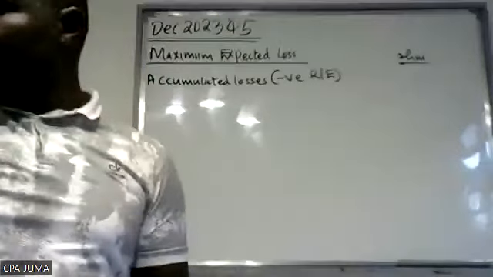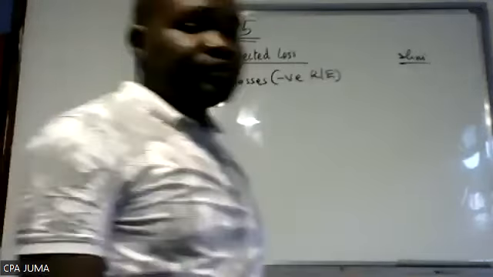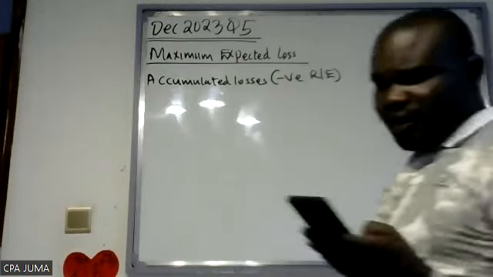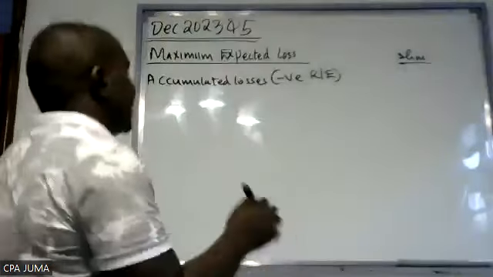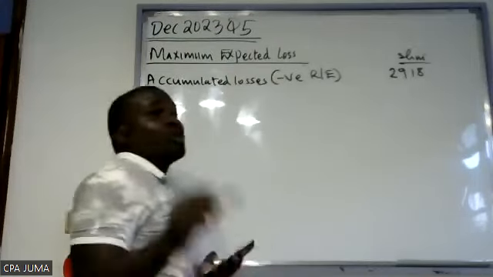How much are you seeing? How much is our accumulated loss? 29.18. People are saying there. Yes, true. 29.18. That is loss number one.